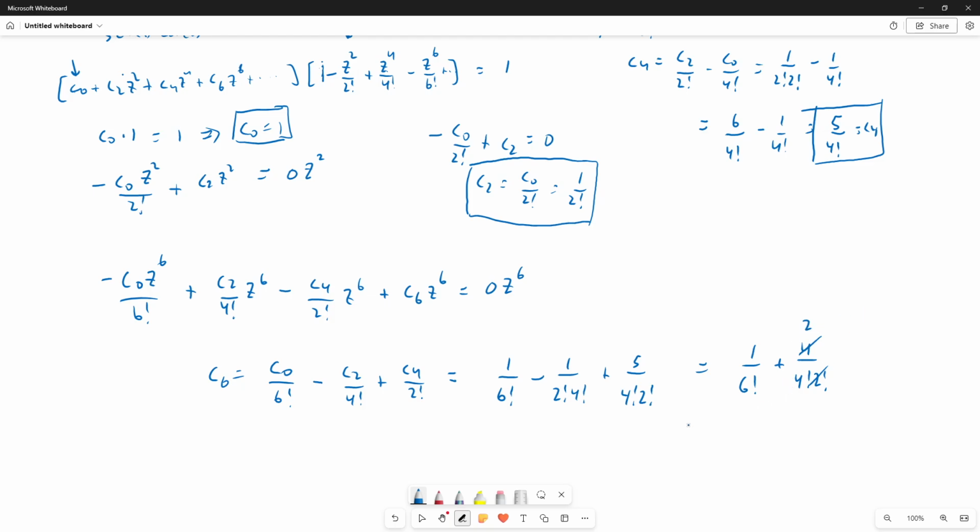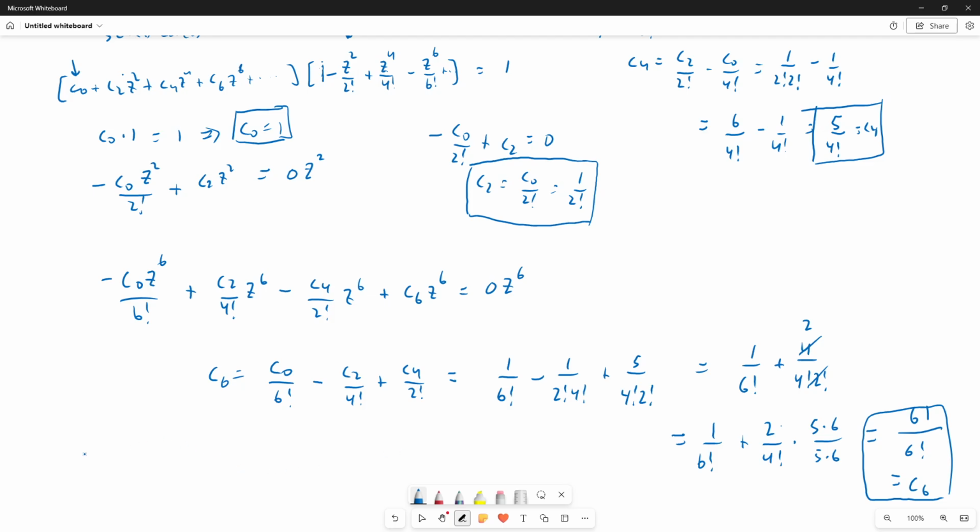And now the common denominator of 6 factorial, we have to multiply 2 over 4 factorial by 5 times 6 over 5 times 6. Now the bottom is 6 factorial. So we get 6 factorial on the bottom, and we get 30 times 2, 60 plus 1, 61 over 6 factorial. This is C6.